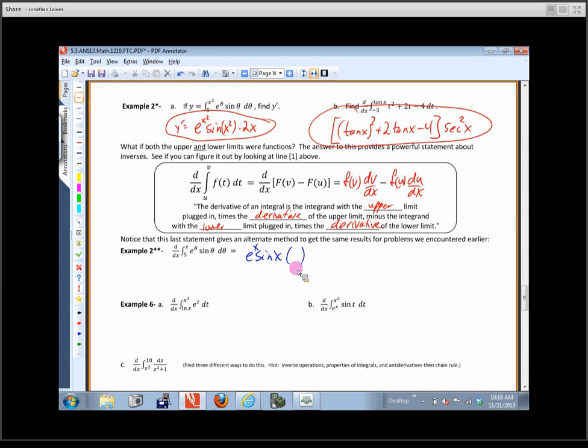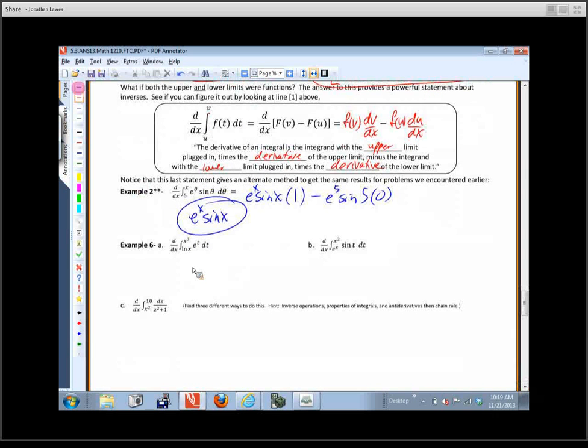What's the derivative of the upper limit? 1. Minus the integrand with the lower limit plugged in, so that's going to be e to the 5th sine of 5 times the derivative of the lower limit, 0. So what do I end up with? I get the same thing I got before with a simplified statement of just finding the derivative of an integral. You just plug in the upper limit into the integrand, okay? But now we can deal with more complex derivatives of integrals, more complex problems like this.